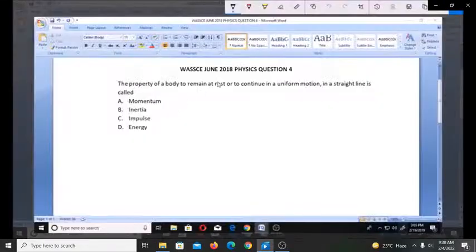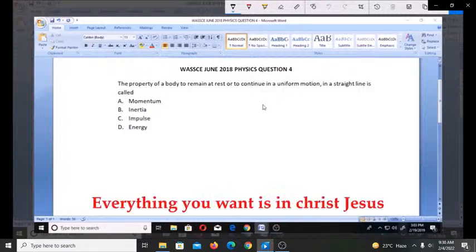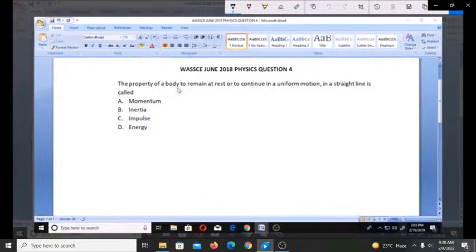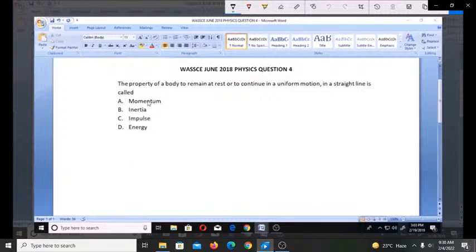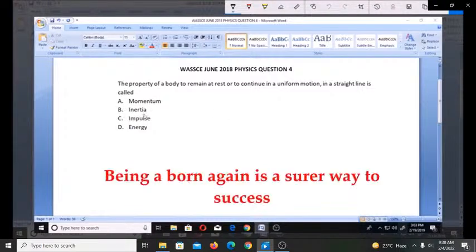Now let's look at question number 4 for Physics WAEC 2018. The property of a body to remain at rest or to continue in a uniform motion in a straight line is called A. Momentum, B. Inertia, C. Impulse, D. Energy.